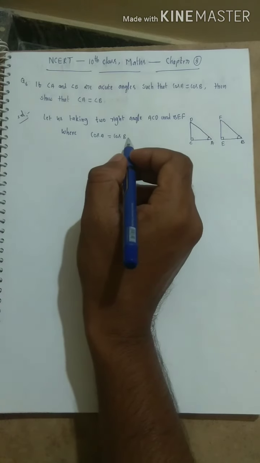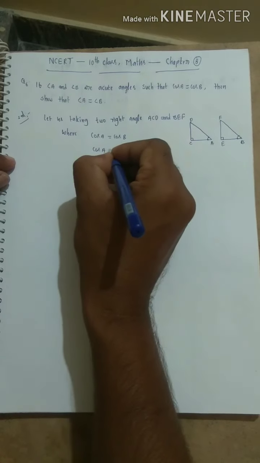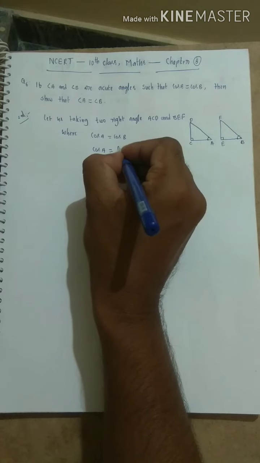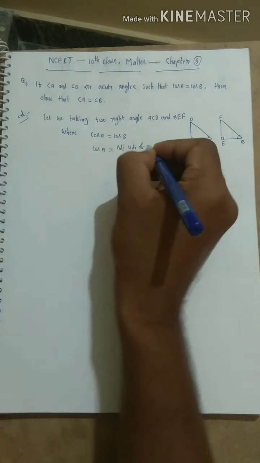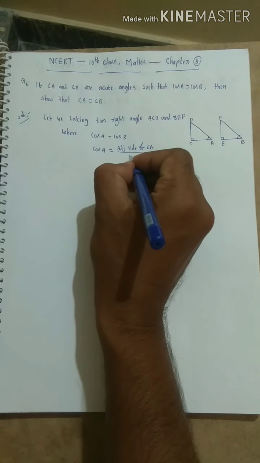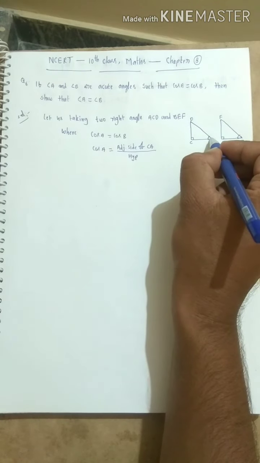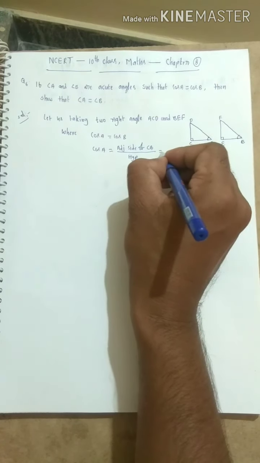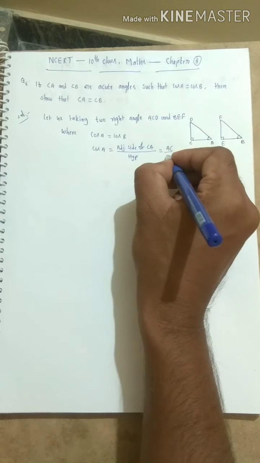We find cos A and cos B. First one, cos A. What is the form of cos A? Adjacent side of angle A upon hypotenuse. Here, according to the angle A, the adjacent side of angle A is AC. Here hypotenuse is AD.